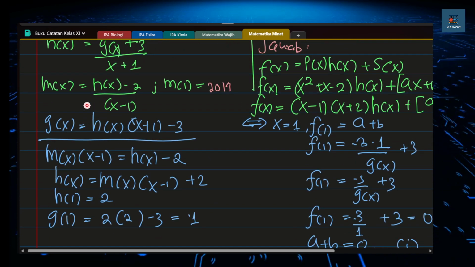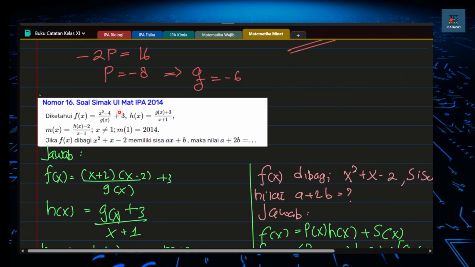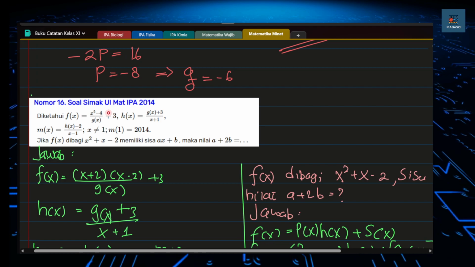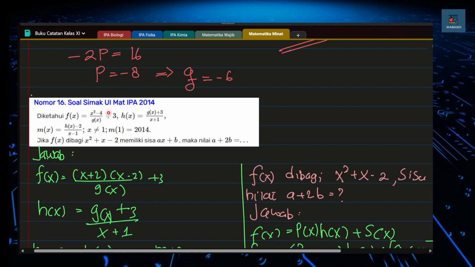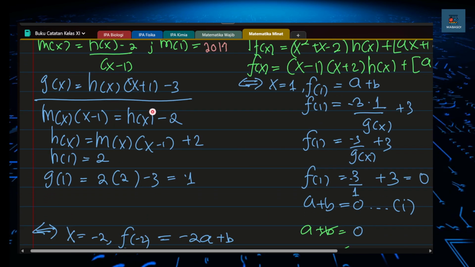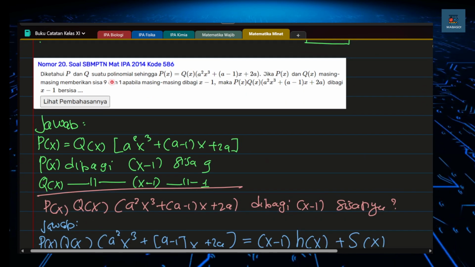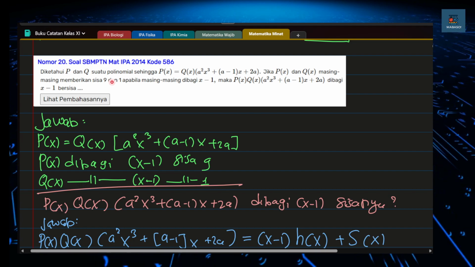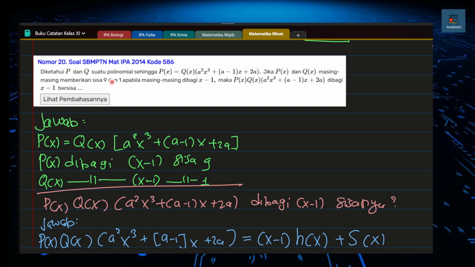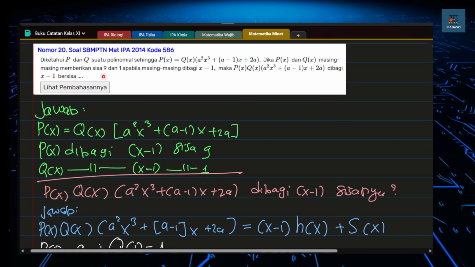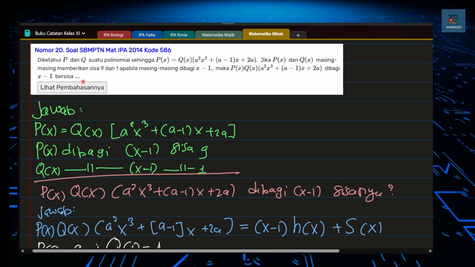The previous one I discussed was the Simak UI questions, the college entrance exam particularly for entering University of Indonesia. But this one is a national college entrance exam, SBMPTN, so it's a nationwide entrance exam. Okay, let's discuss these questions.